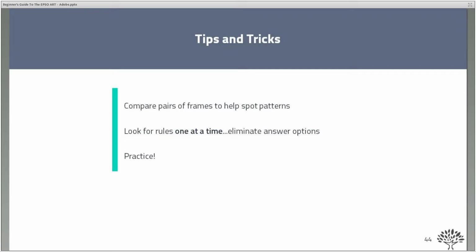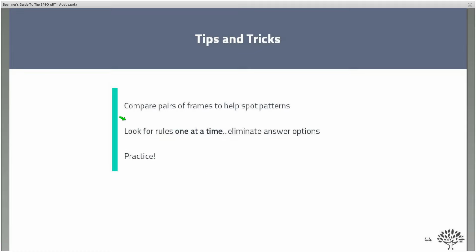So particularly when you've got a very busy grid with a few things going on, sometimes just by eliminating it down to 2 and saying, the square's in a different place between these two, that can tell you what you're looking for. You're looking for where should the square end up.